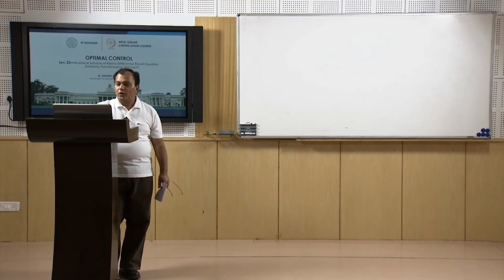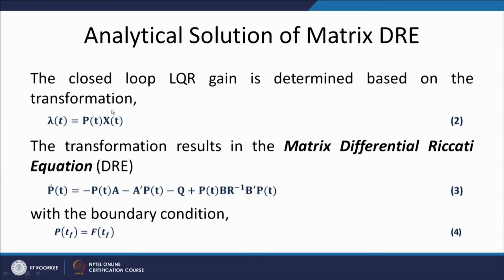The closed loop LQR gain we can determine simply using the transformation lambda(t) equals P(t) x(t), which we have seen in the derivation of our Riccati equation.